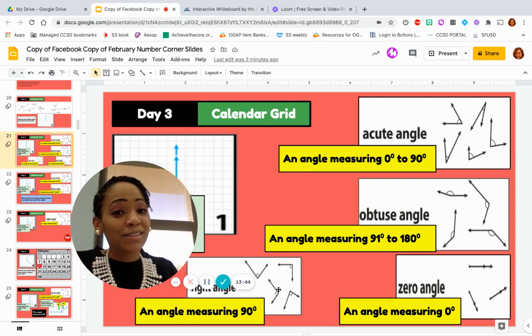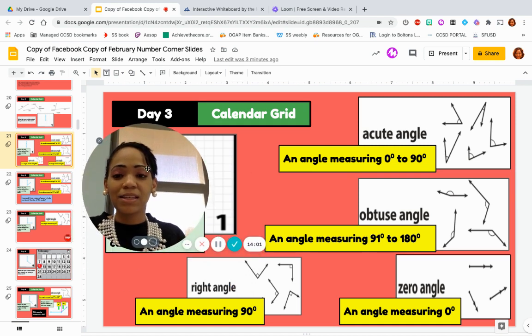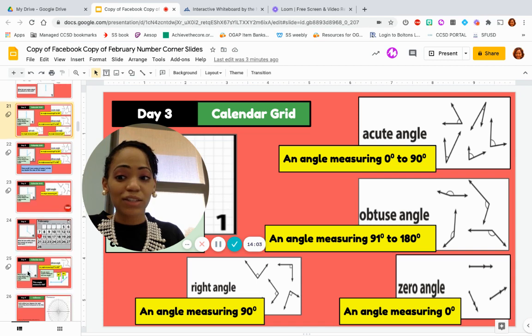We also saw a zero angle where there was no angle at all. So every day this month, just like we normally do, we will update our calendar grid and we will record our observations.